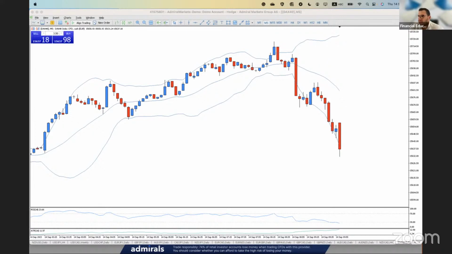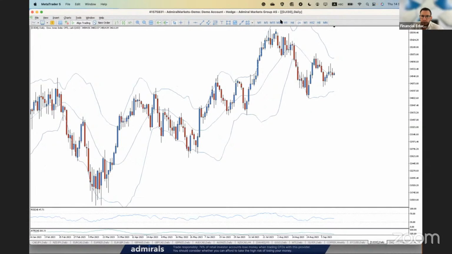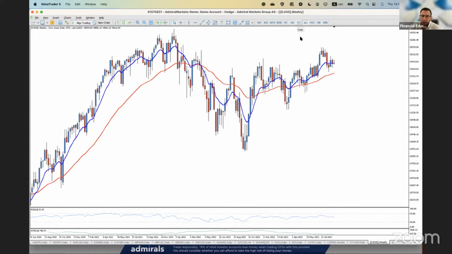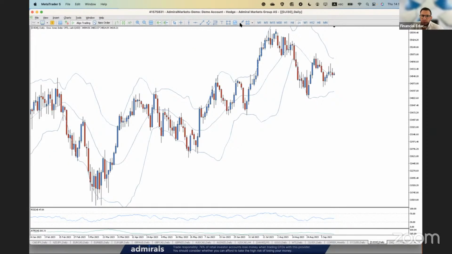Let's check the Nasdaq 100 and the Dow Jones. Dow Jones. As per yesterday's price action, it's still around the 20-period moving average. This market is technically in an uptrend on the weekly chart, but consolidating between these lines here.